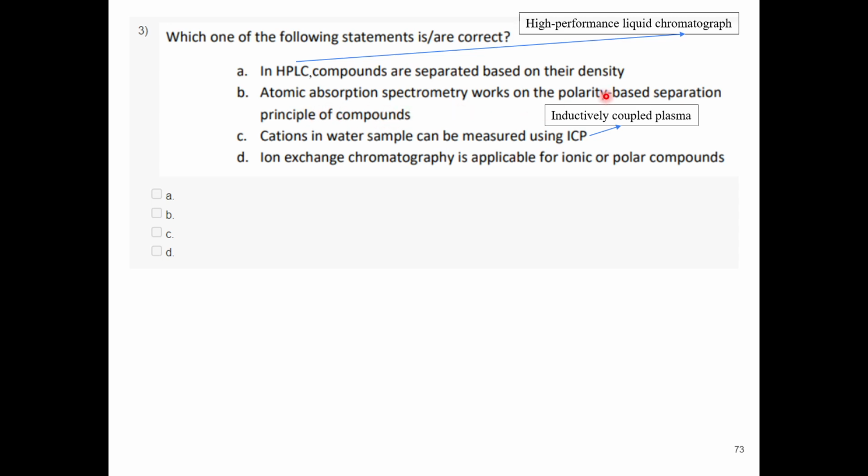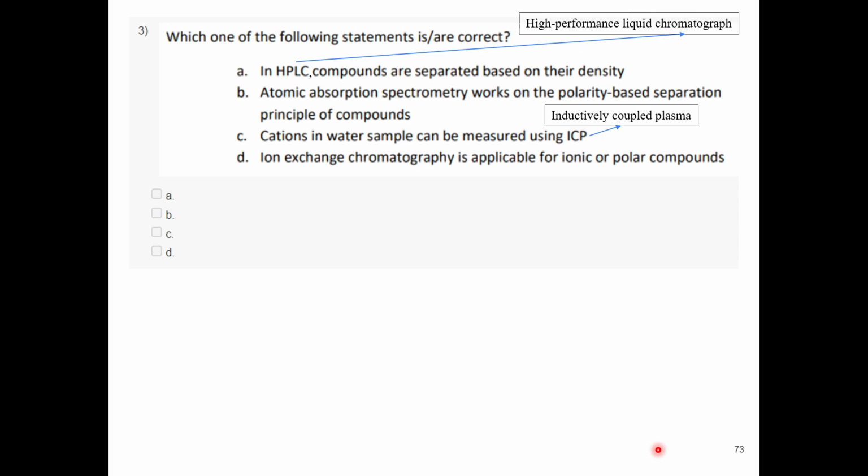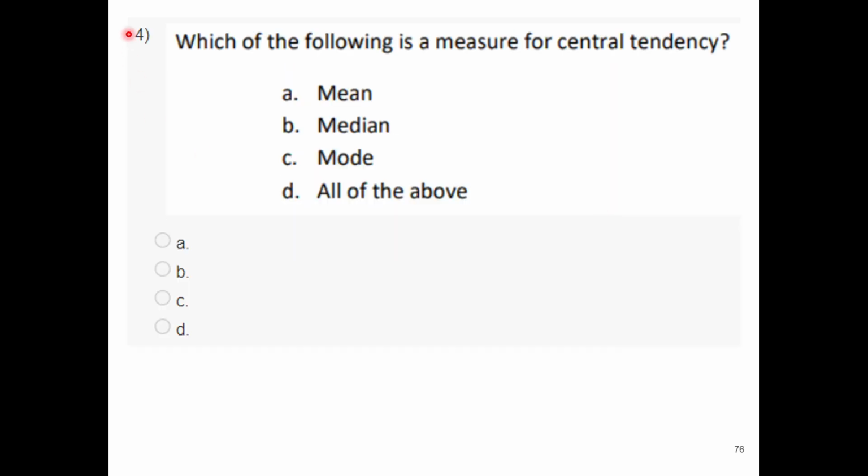This works on spectrometry, not on a polarity based separation principle. Therefore B is also wrong. A and B both are wrong, C and D are correct. So out of the following statements, C, cations in water sample can be measured using inductively coupled plasma, and D, ion exchange chromatography is applicable for ionic or polar compounds, are the correct options. Fourth question, which of the following is a measure for central tendency?